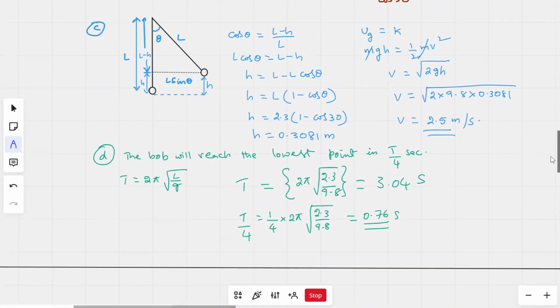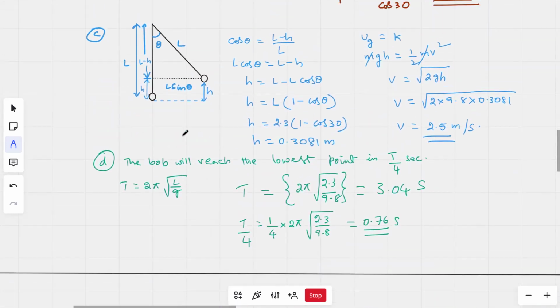Next, we have to find out the time taken by the bob to reach the lowest point for the first time. See here, the bob has to travel here and then go to the other end. For example, if you take this one, this is the bob, the pendulum. So here, this is the initial position, because here is the string joined to the support.